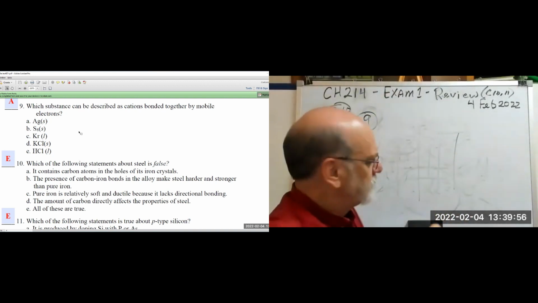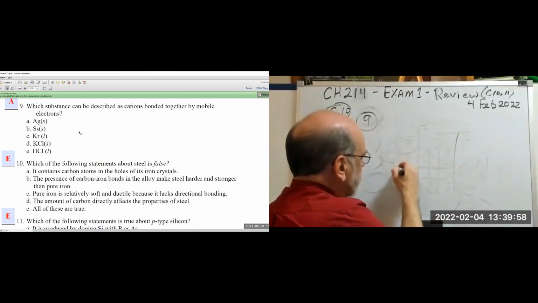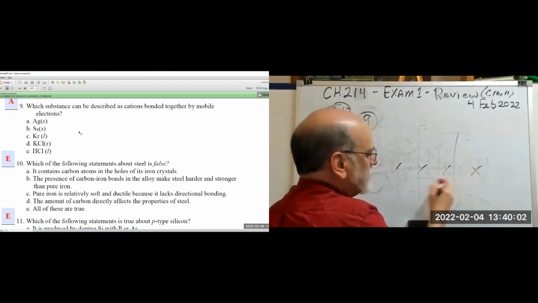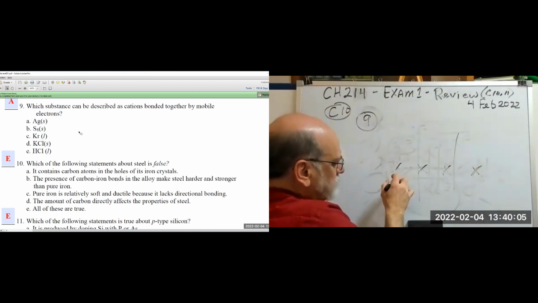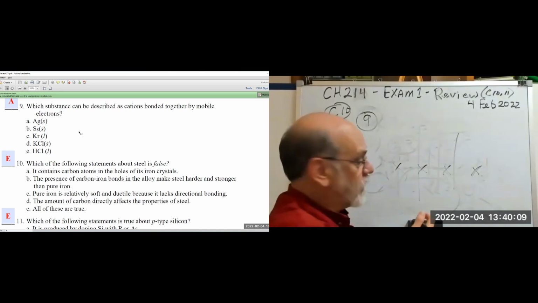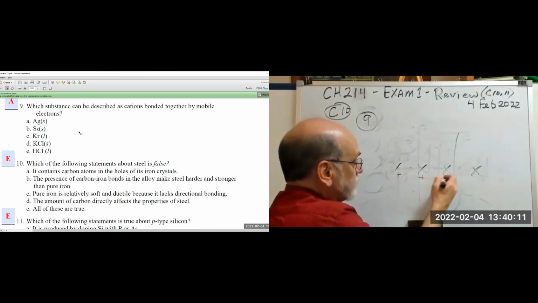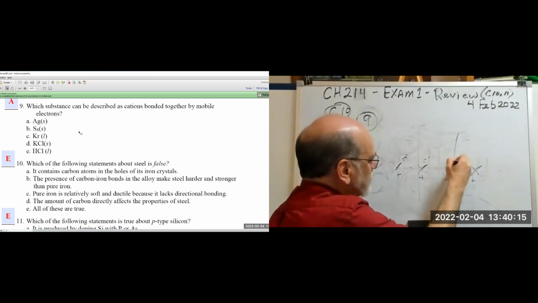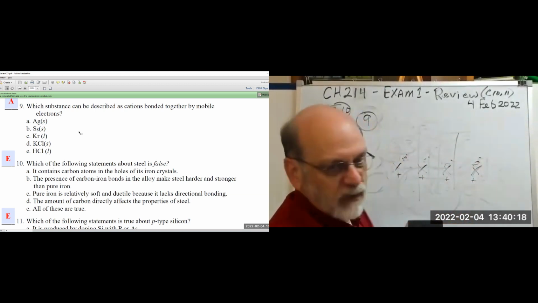So with metals, what we're looking at is there's the metal atoms, right? And these atoms, absent their electrons, would be positively charged, correct? Well, we've got electrons here that are very mobile.